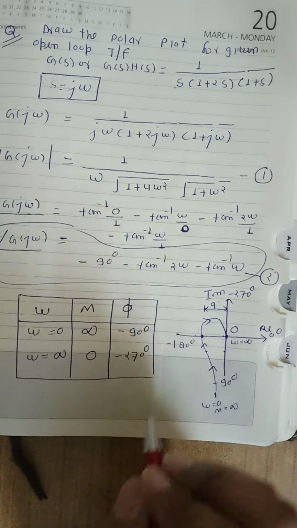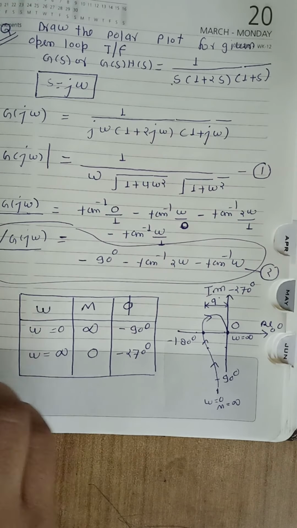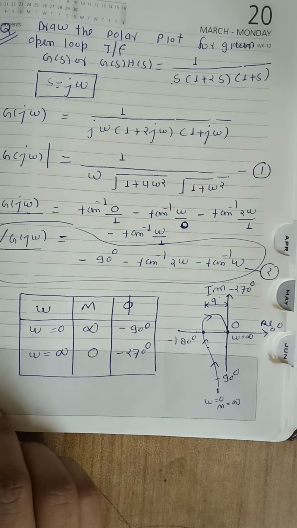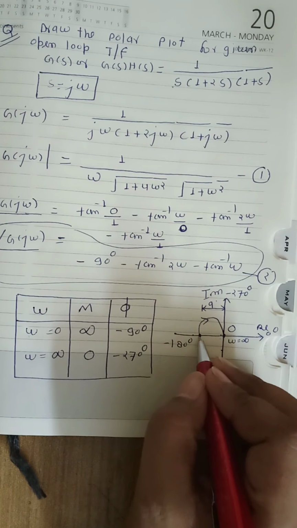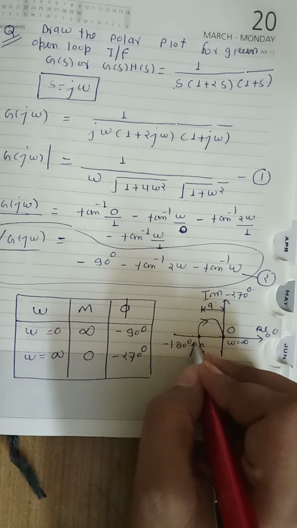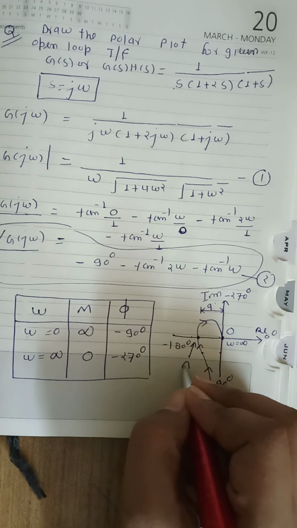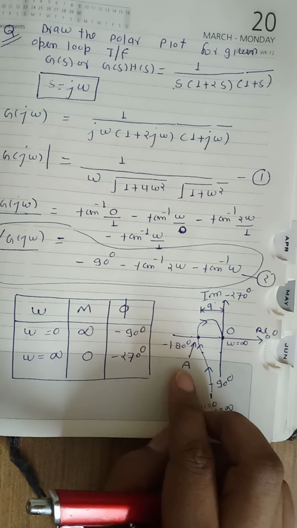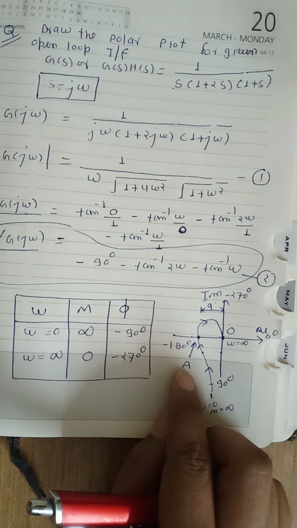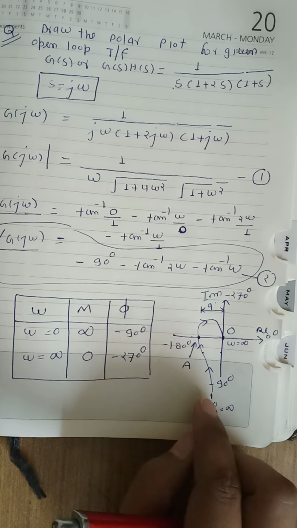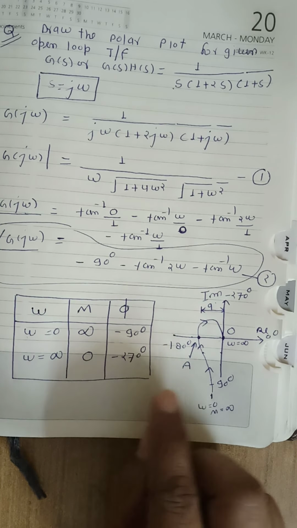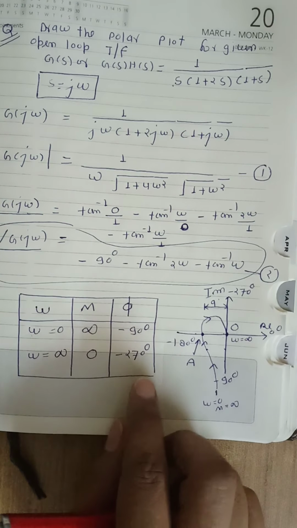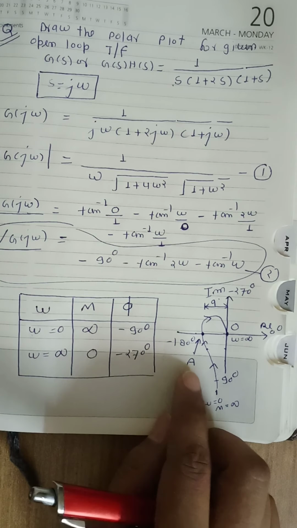So how can we calculate? Already we know phase angle from the second equation, and suppose this point is capital A. Here we want to calculate the value of omega. So how can we define point A? A is the point at which the polar plot will intersect the minus 180 degree line. So from the second equation, we can easily calculate the value of omega at point A.